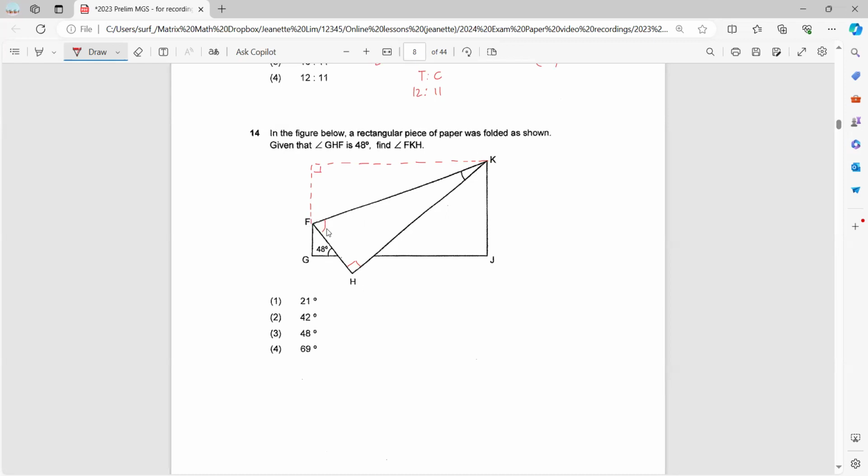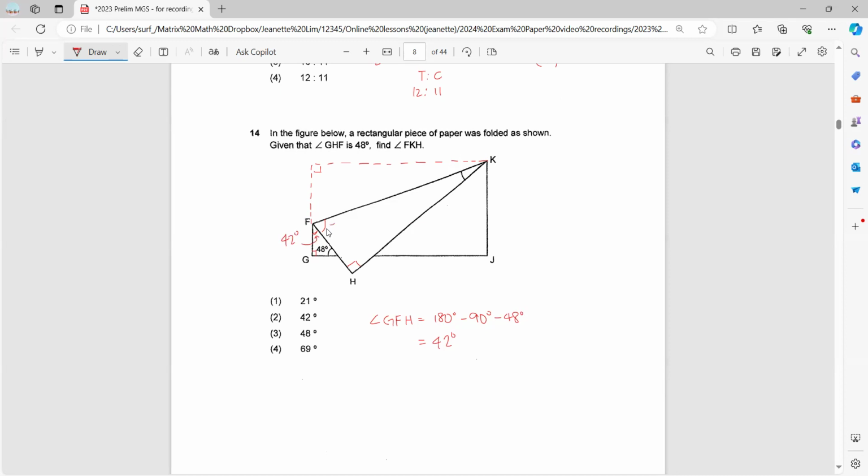So first, let's find GFH. This is a 90. So 180 minus 90 minus 48, which is 42 degrees.